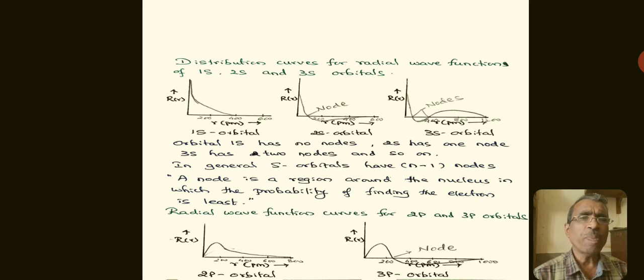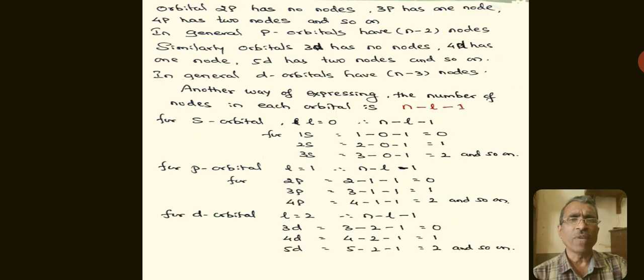Therefore, 3p orbital has one node, 2p orbital does not have any node. Similarly, the 4p orbital has two nodes. In general, p orbitals have n-2 nodes.